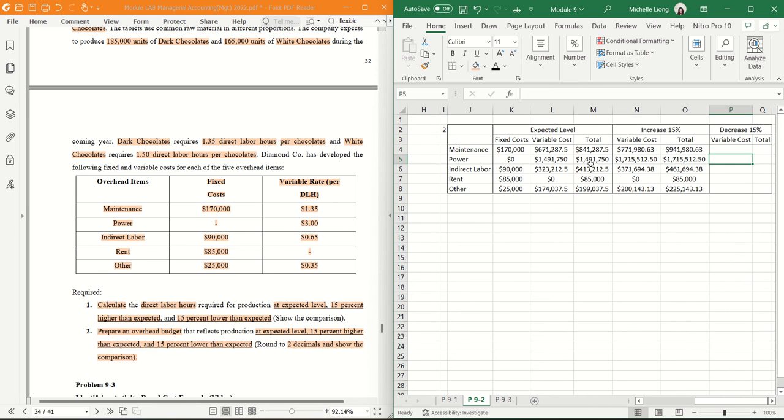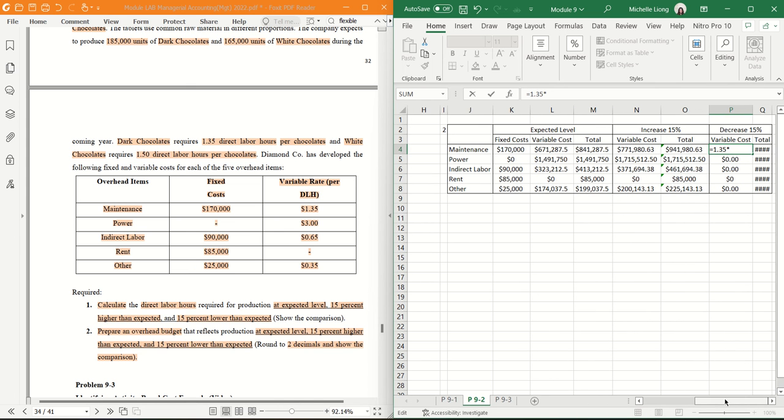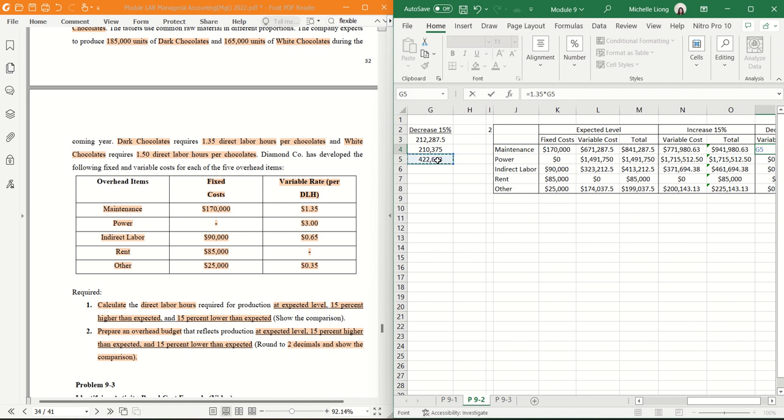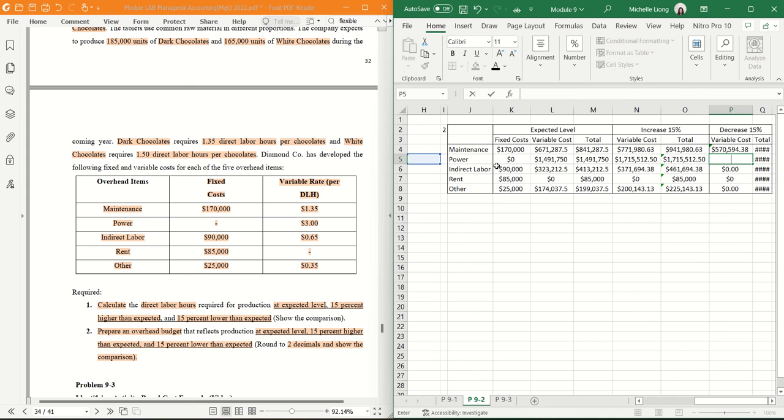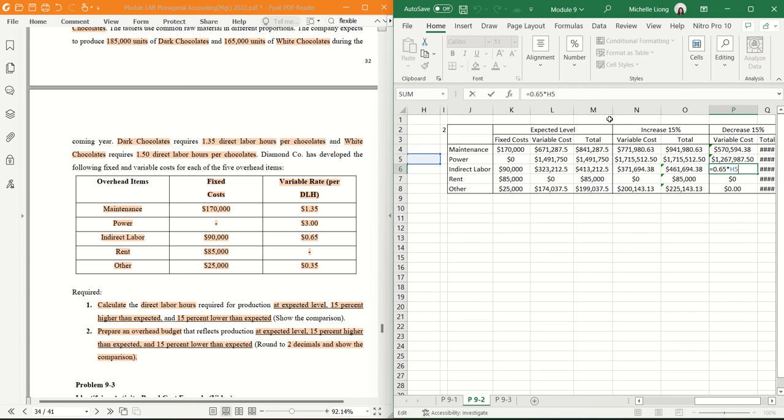And it's the same as decrease 15%. So I'll just copy paste this. This one is 1.35 times your decrease 15%, which is this one. And $3 times this one, G5. Okay, I'll just write it down, it's the same.